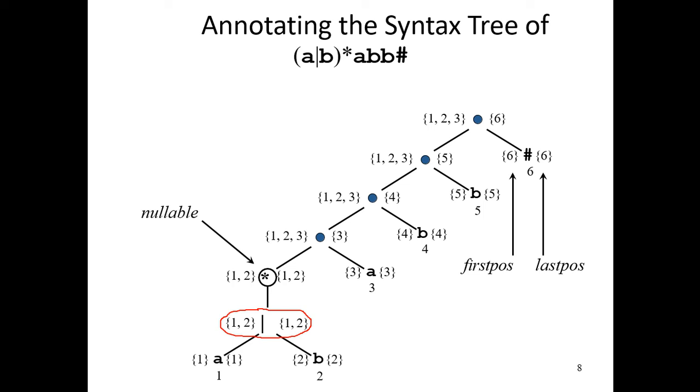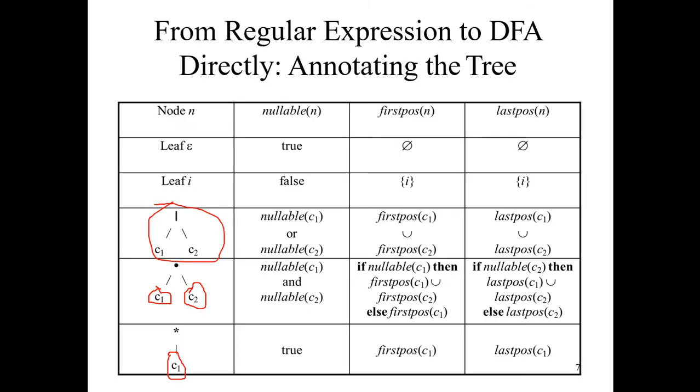Now the complication begins for the concatenation symbol. We have the value for a here, and we have the value of star here. Star is a nullable symbol, but a is not a nullable symbol. So according to the rules, if the symbol below it is not nullable, then the lastpos is directly the lastpos of that symbol.